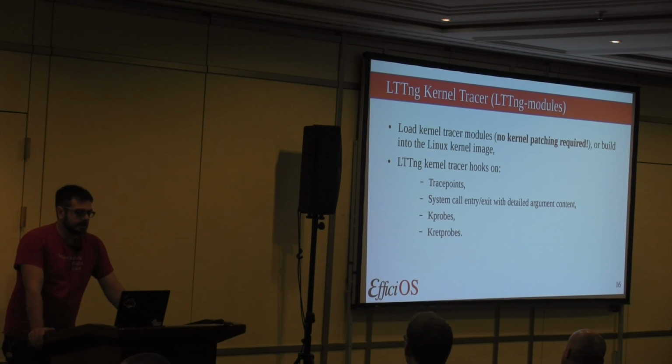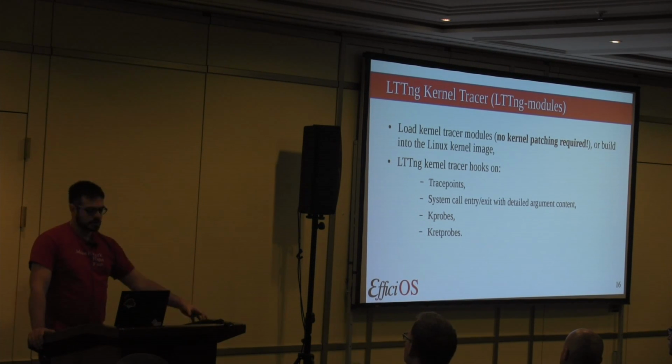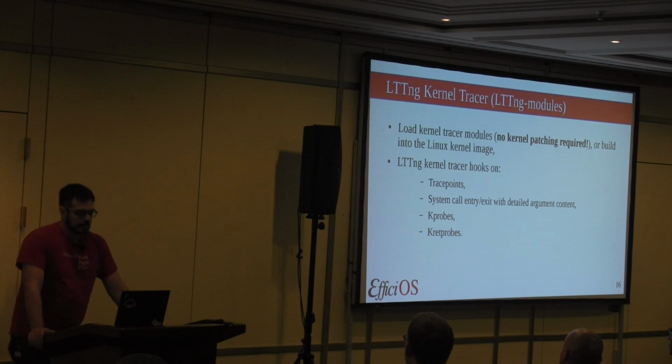So the LTTng kernel tracer, LTTng modules, again, I've been telling that for about 6-7 years now. LTTng does not need any kernel patching anymore. It's a set of out-of-tree kernel modules which can just be loaded into a vanilla kernel or a distribution kernel. So you don't need to modify your kernel to use it.